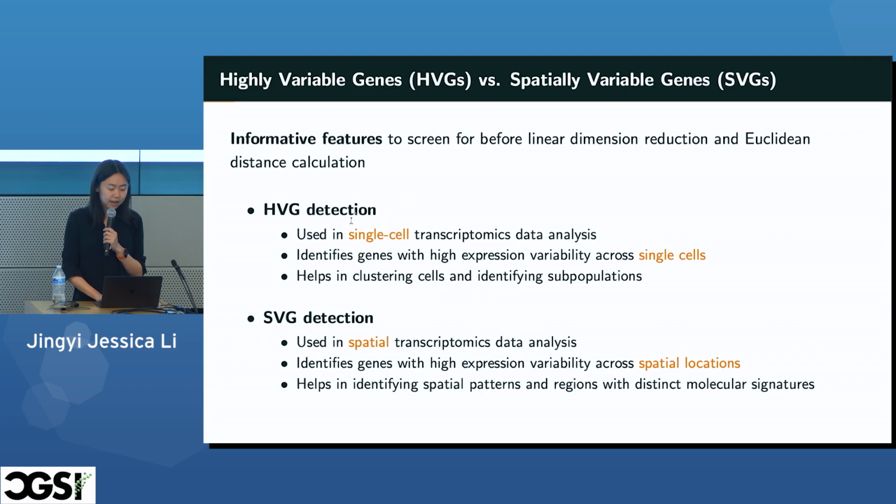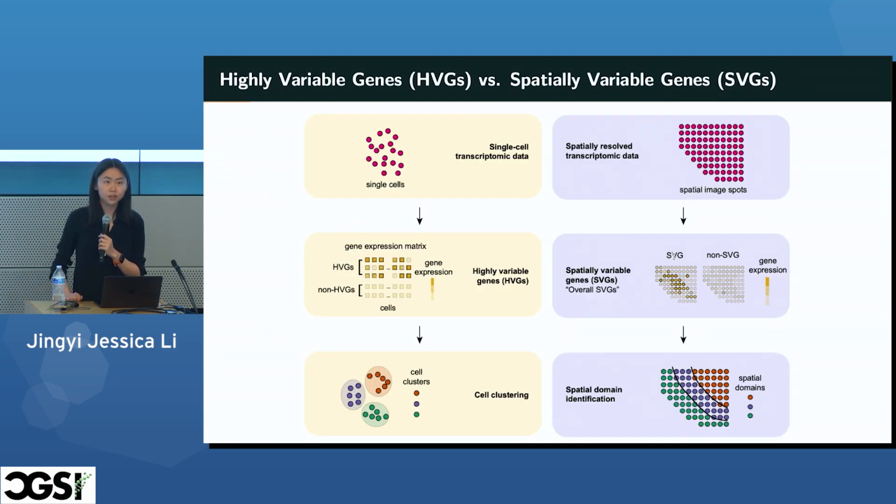Analogous to that, for spatial transcriptomics data analysis, SVGs, to me, serve a similar purpose. But here, when you look at a gene's expression variation, you want to look across spatial locations instead of just single cells. This figure shows the comparison. The left column is for single-cell data analysis, the right column for spatial data analysis. For single cell, even though you can measure individual cells, you lose their locations.